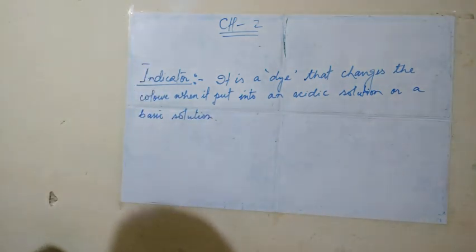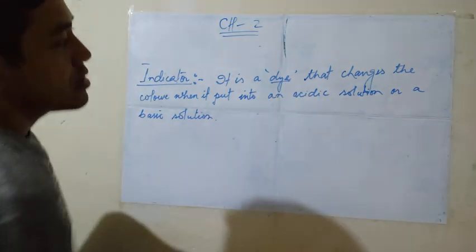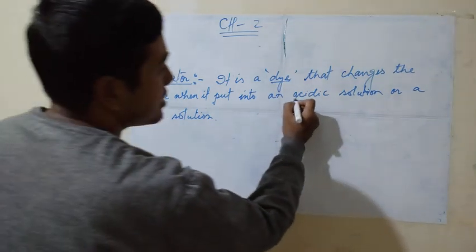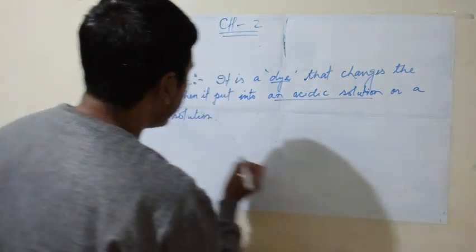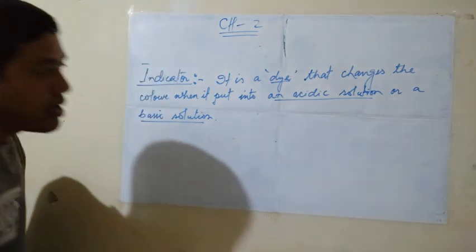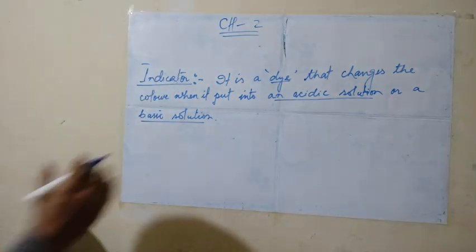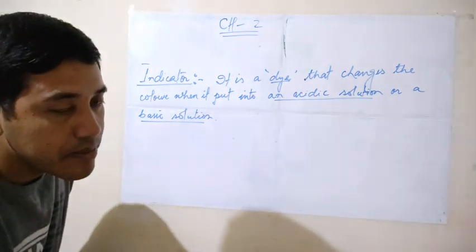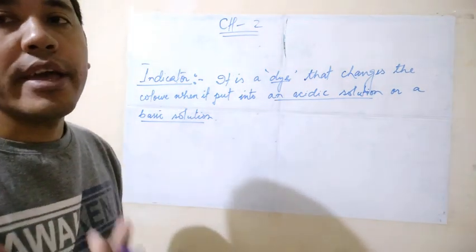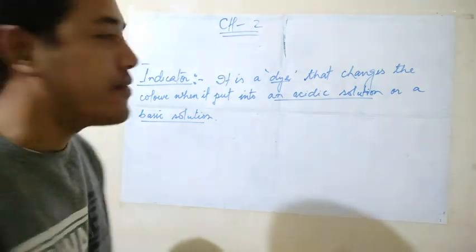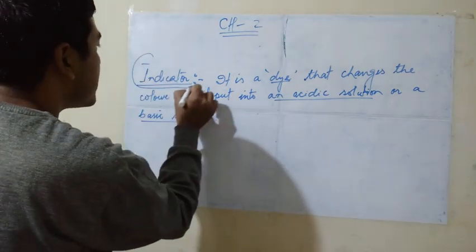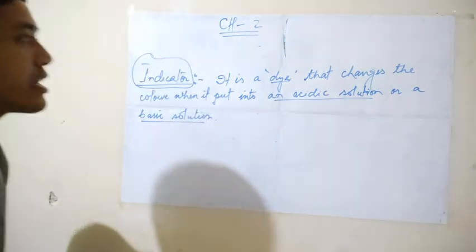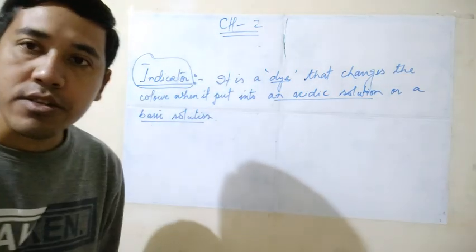When we put this dye, this indicator, into this acidic solution or into this basic solution, the color of this dye will be changed, okay? And from this change in the color, we can find out that the given sample or solution is acid or base, okay? That substance, that dye, is known as the indicator, right?